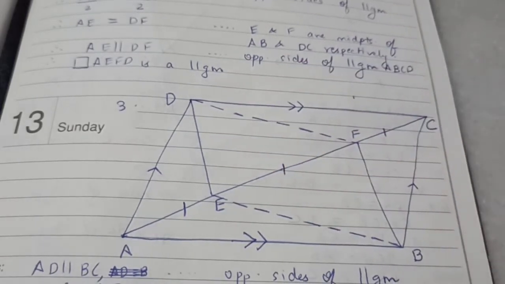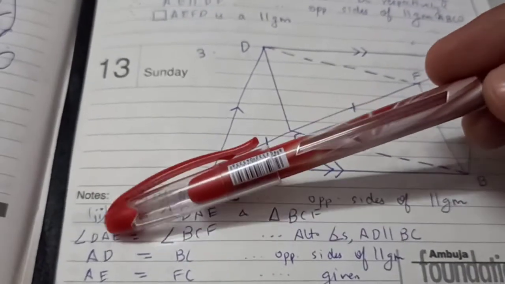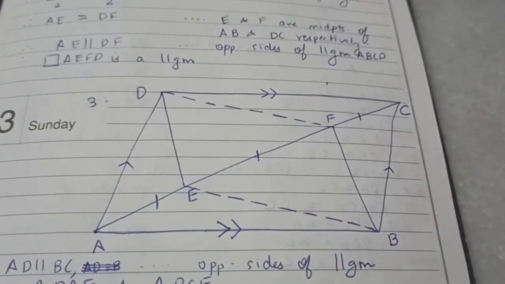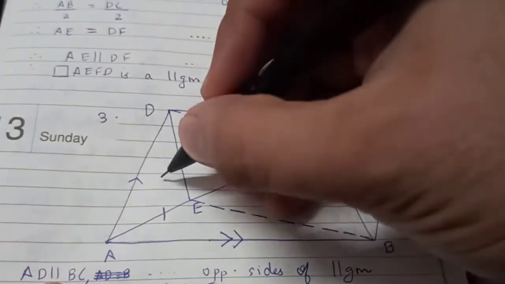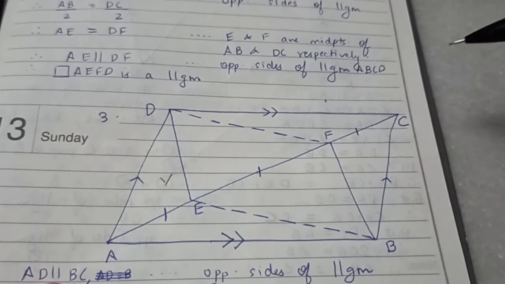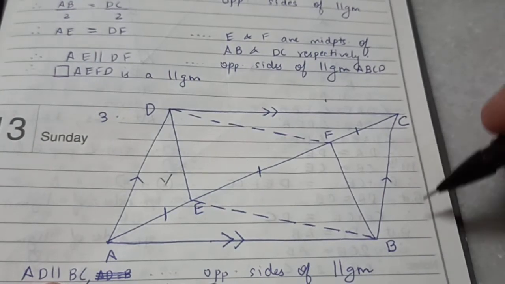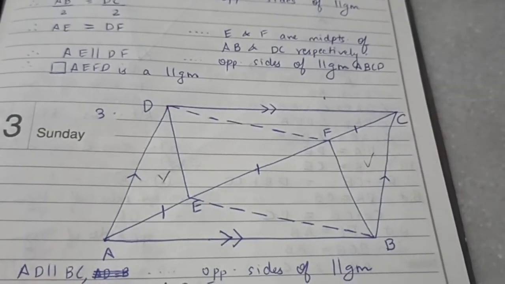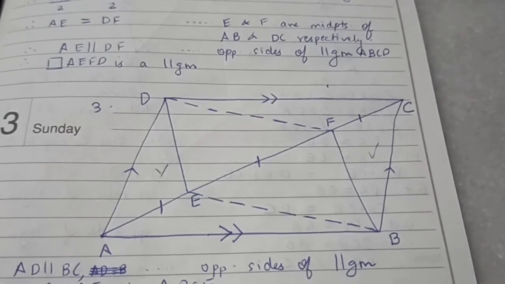So I'm going to prove the Roman number 2 first. I'm going to take triangles DAE and triangle CBF, and I will prove them congruent. Let's see how.